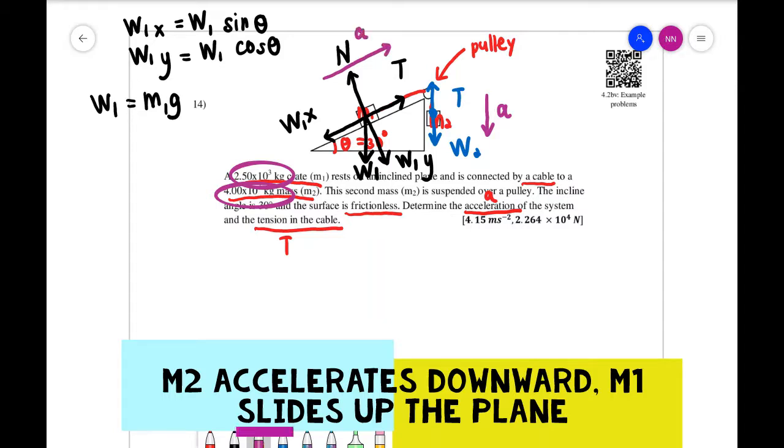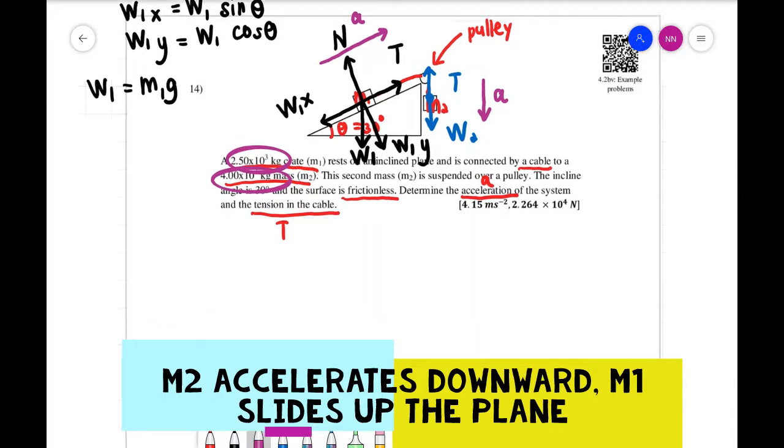So M1 will slide up the plane, and M2 will move downward. M1 and M2 should move synchronized, because they are in the same system.